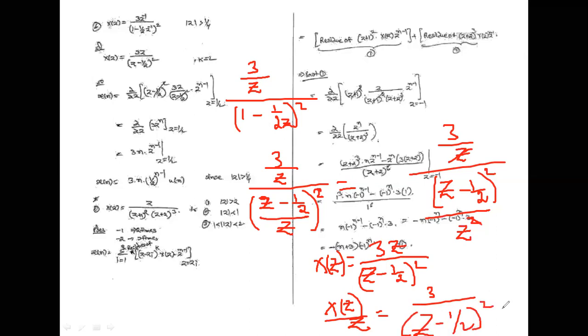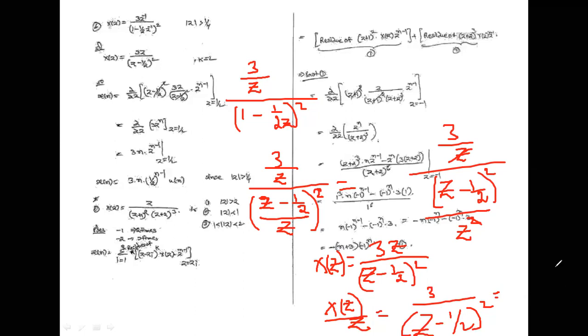If there are multiple poles, there is no need of taking X of z by z. You can keep that as 3z by (z minus 1 by 2) whole square only. Otherwise, you can write this as a by z minus 1 by 2, b by (z minus 1 by 2) whole square.